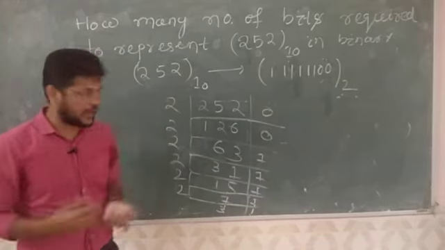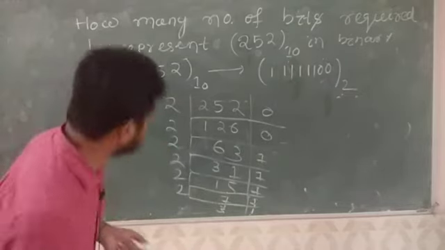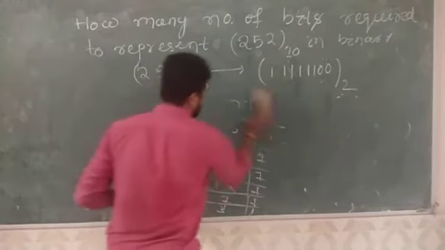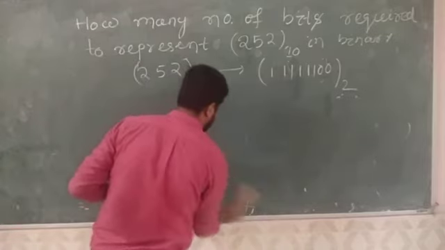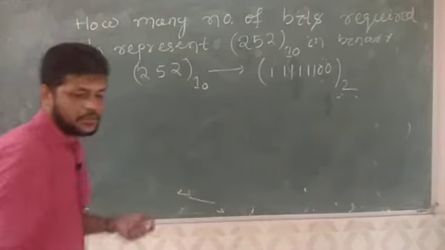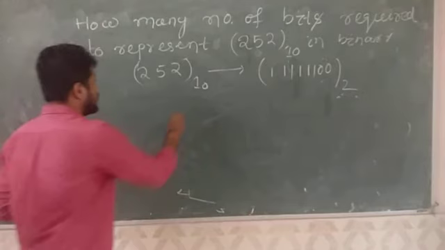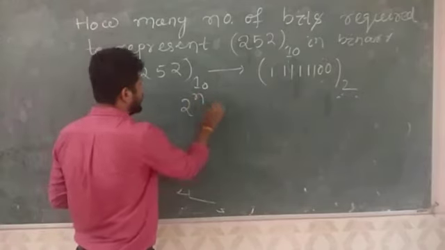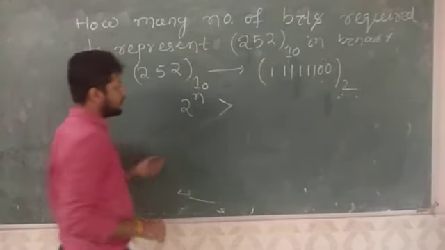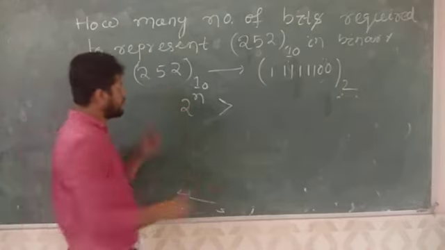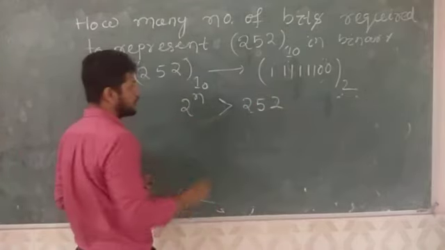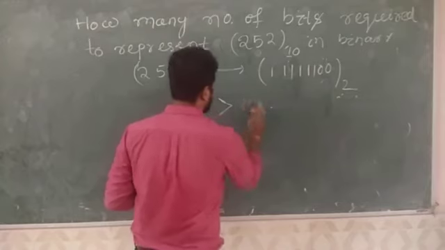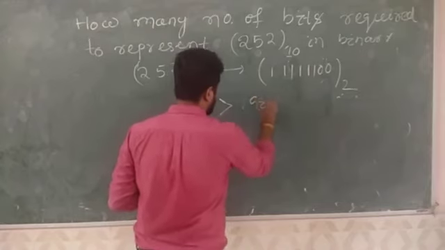That formula is: 2 to the power n must be greater than the given number, here 252.